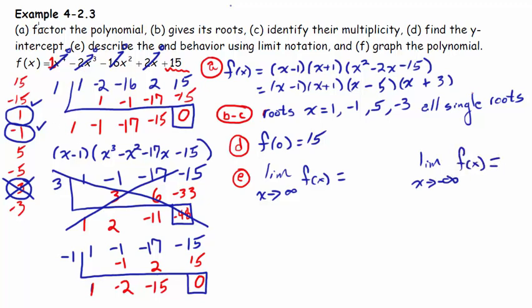So to answer this question, we are going to look at two things. I'm going to look at the degree, which is 4, which is an even degree. Alright, and then I'm going to look at the leading coefficient, which is positive.